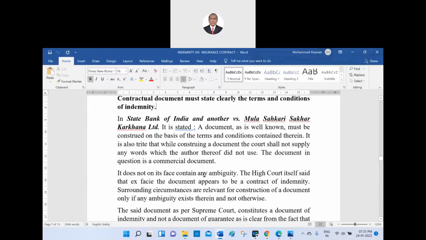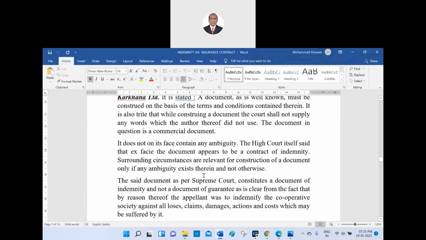It is also stated that while construing the document, the court shall not apply any words which the author did not use. The document in question is a commercial document. When a commercial document is made, it should be construed strictly, not of his own choice, what he says and what he thought. It does not on its face contain an ambiguity.